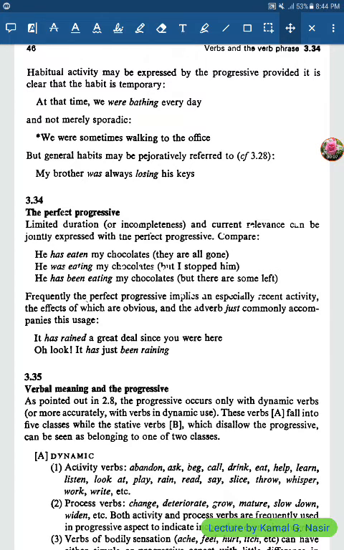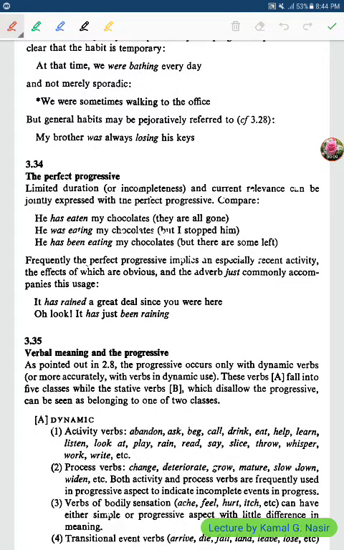In this lesson we are going to take verbal meaning and the progressive. Since we talk about the meaning, this is related to another branch of linguistics, which is called semantics.